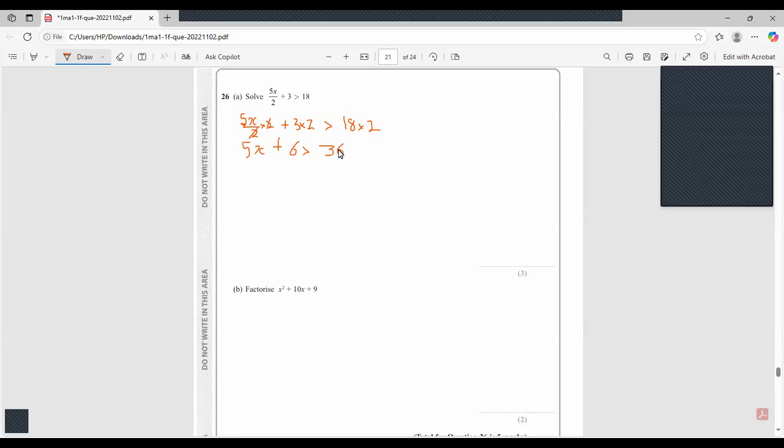Yes. Moving on, collect the like terms. Of course, you know better that 6 should go to the right-hand side. So I'm left with 5x greater than 36 minus 6, because the 6 was positive on the left-hand side. So it will become negative on the right-hand side.